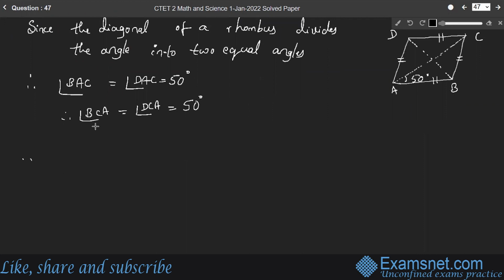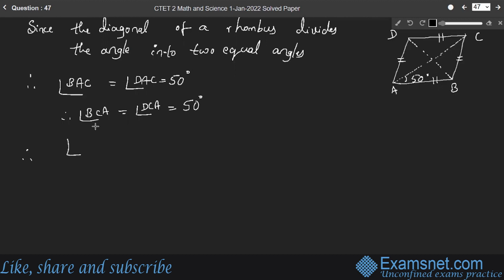Come to the other angles, that is ADC and ABC. Since a rhombus is a quadrilateral, the sum of all angles in a quadrilateral is equal to 360 degrees. So here we are applying the same rule.